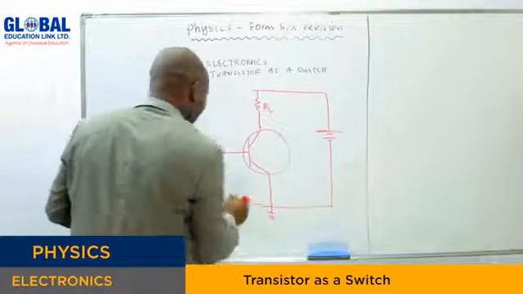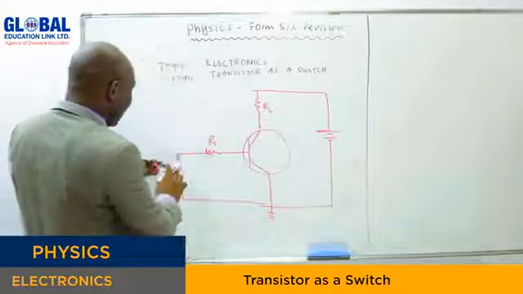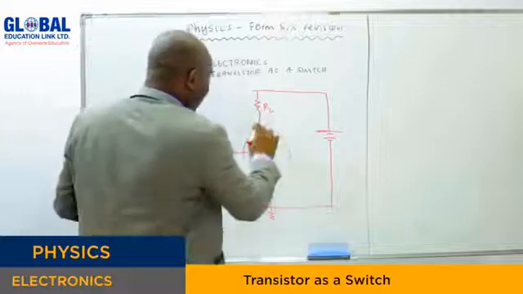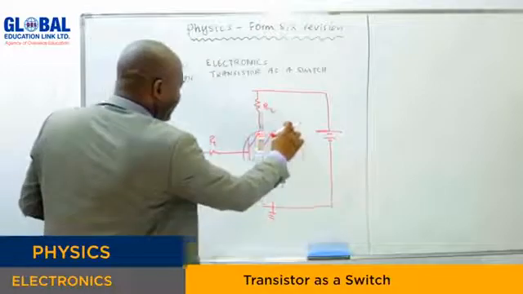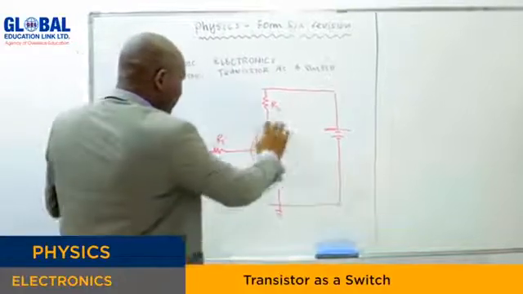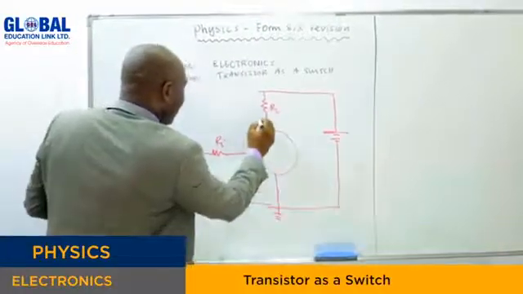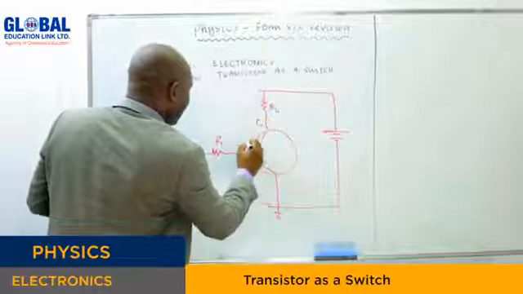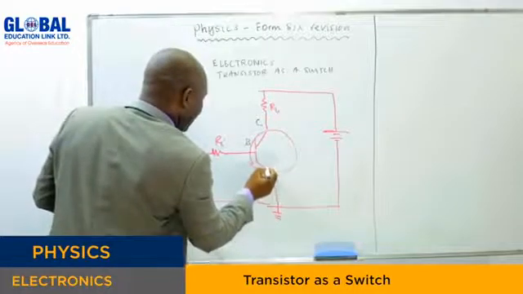This is our input. Of course, we have the voltage applied here, but you know the output is supposed to be collected across the collector and the emitter. So that's where you find the output. So this is our C, this is our base, this is our emitter.